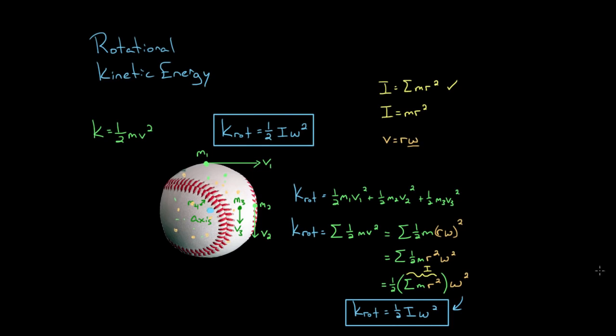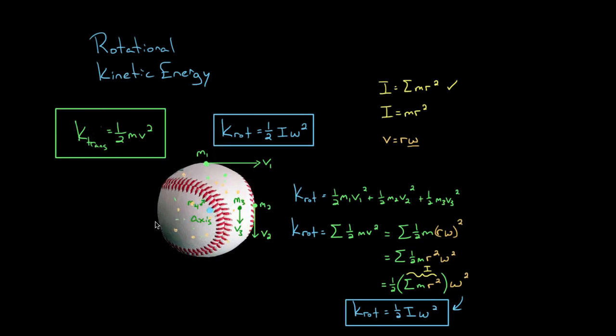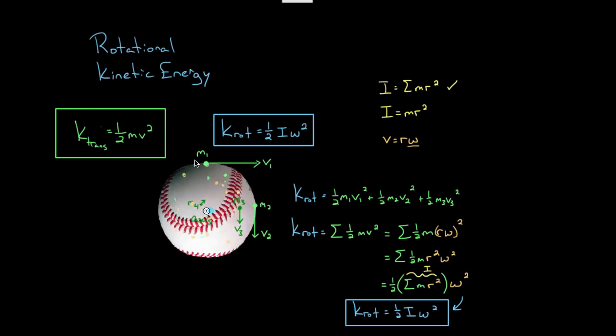This is the translational kinetic energy. So sometimes instead of writing regular kinetic energy, now that we've got two, we should specify this is really translational kinetic energy. So we've got a formula for the translational kinetic energy, the energy something has due to the fact that the center of mass of that object is moving. And we have a formula that takes into account the fact that something can have kinetic energy due to its rotation. That's this K rotational.